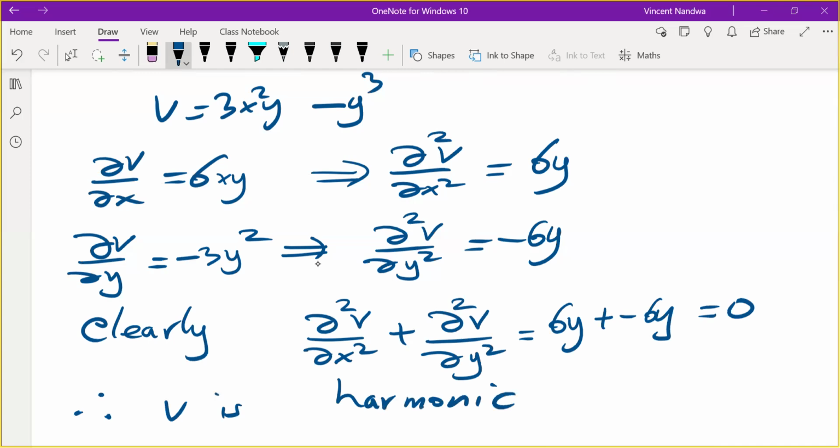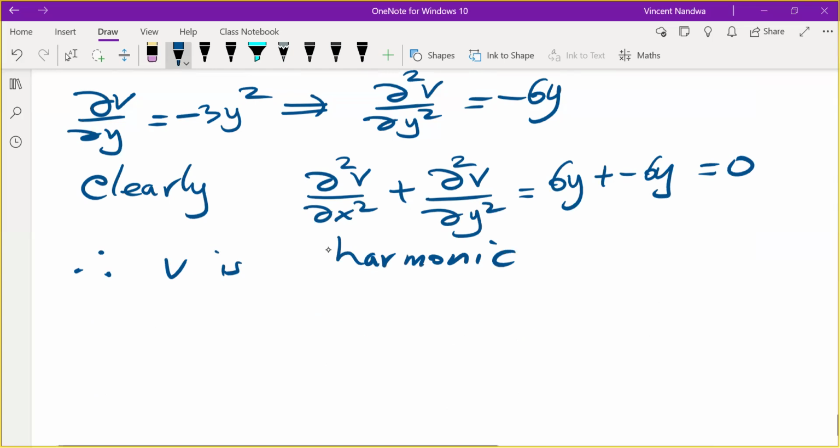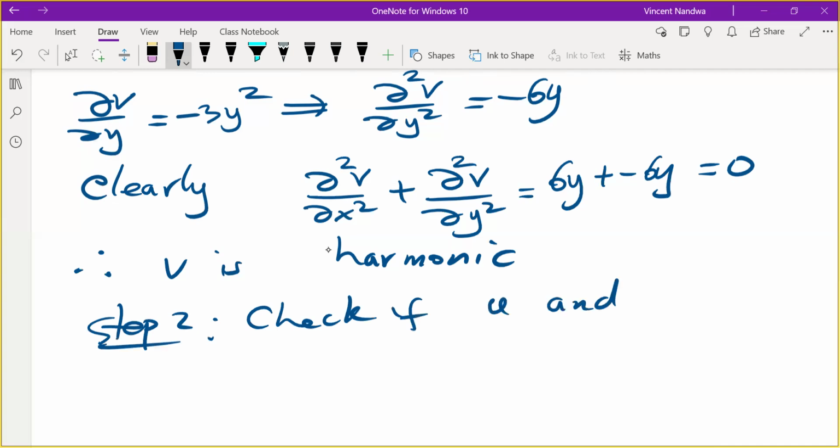So both v and u are harmonic, but let's see, are they conjugate harmonic? So step 2, check if u and v satisfy the CREs.